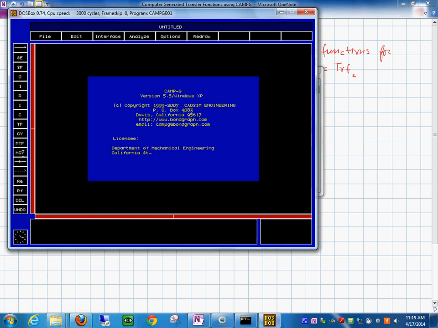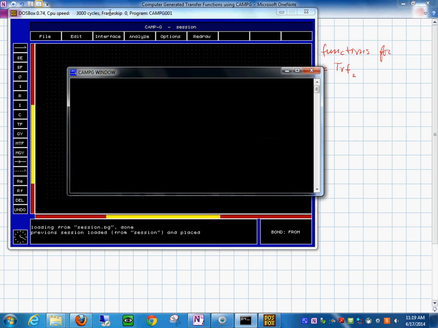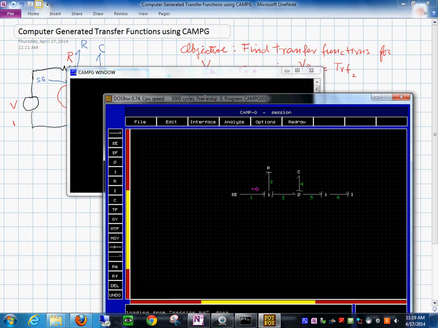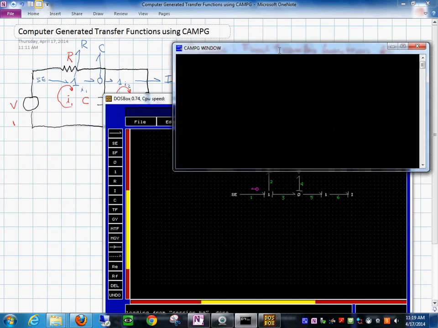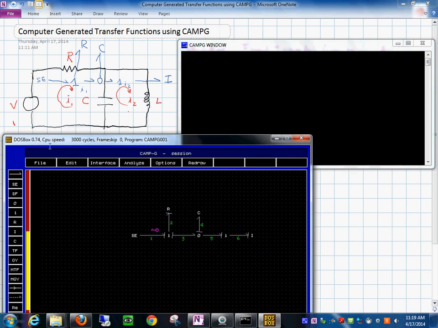This is the bond graph model of the circuit as you see here. I had worked it out and entered it so that you can see we have the same thing. So you have the SE over here, 1, the R, and then C, and then the I element over here.